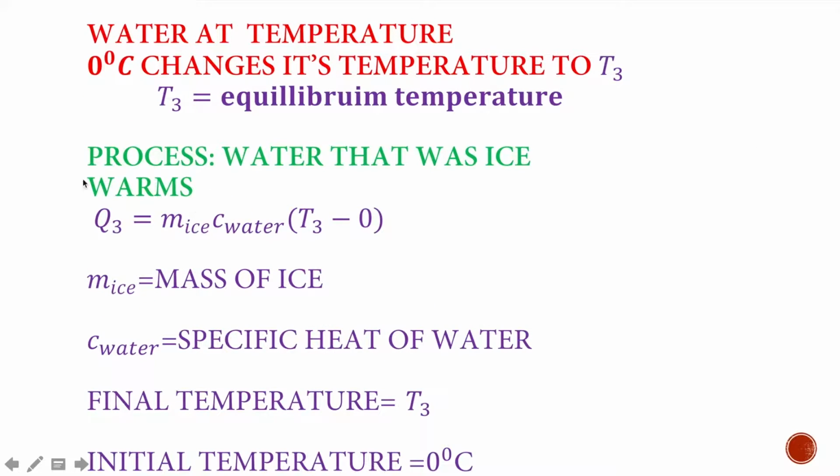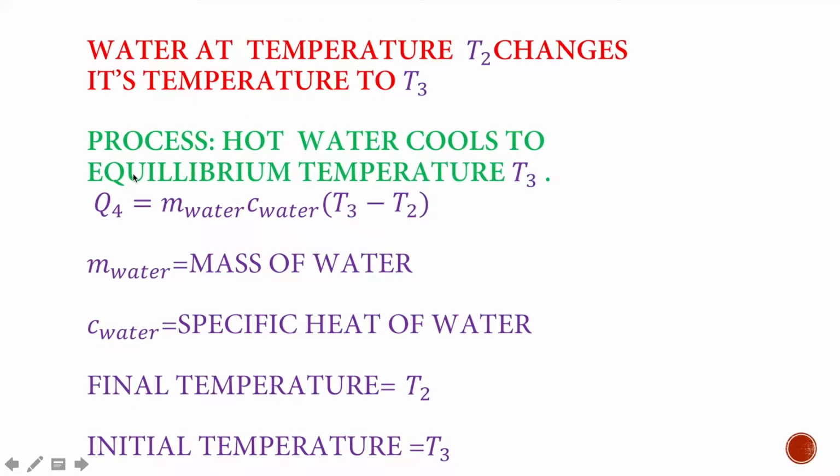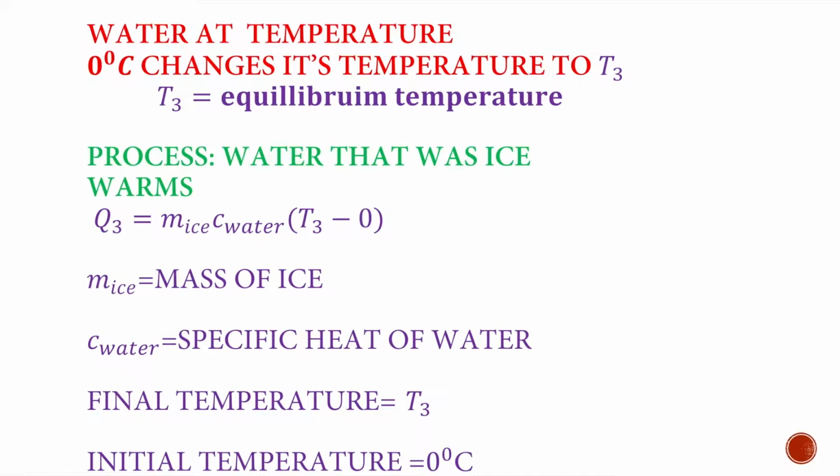Then the third process is water that was ice warms. Water which was ice initially warms again to an equilibrium temperature T3. So these three steps constitute the changes for the first component, that is ice.